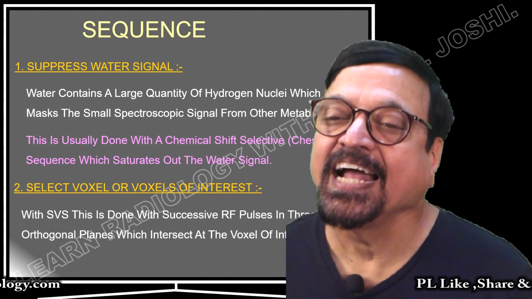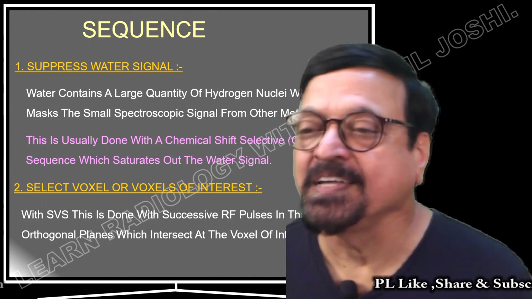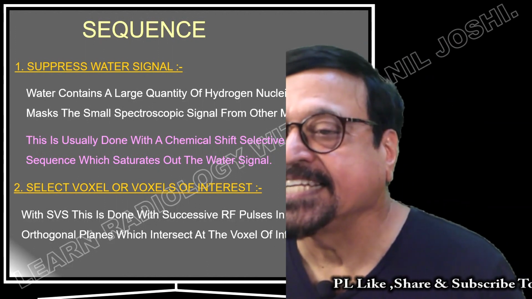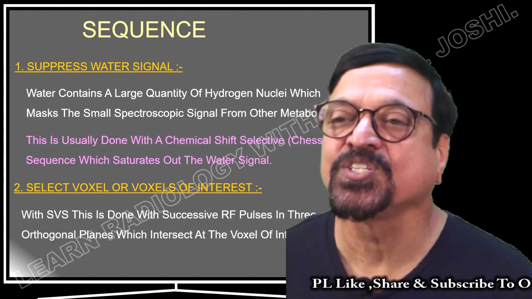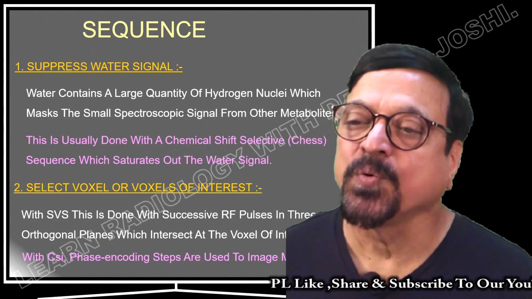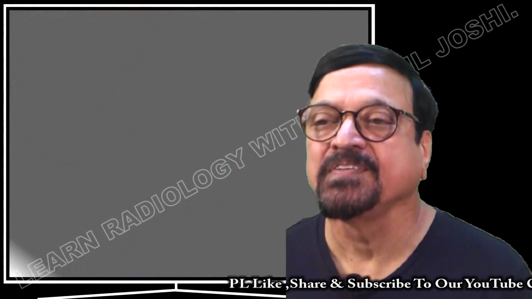With SVS, this is done with successive RF impulses in 3 orthogonal planes which intersect at the voxel of interest. And with CSI, phase encoding steps are used to image multiple voxels.